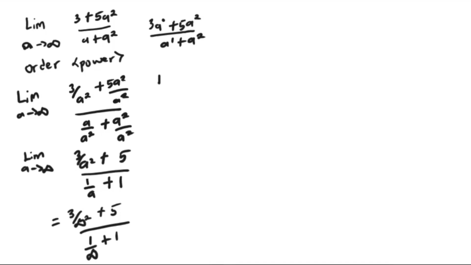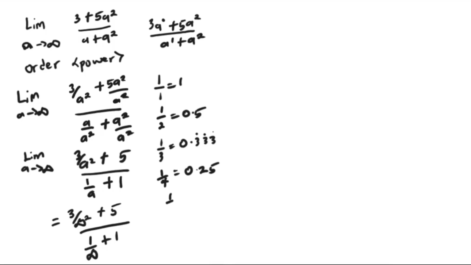If we say 1 divided by 1, we get 1. 1 divided by 2, we get 0.5. 1 divided by 3, we get 0.333. 1 divided by 4, we get 0.25. 1 divided by 5, we get 0.2.